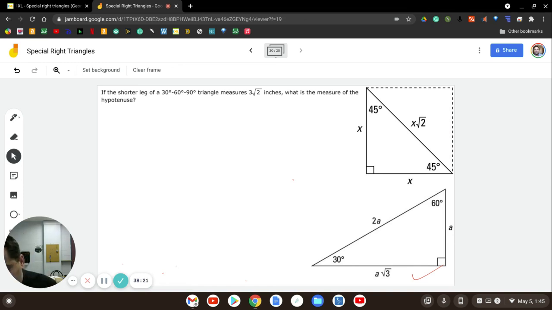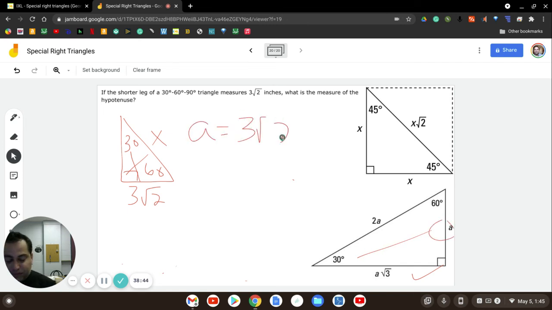So we got a 30, 60, 90. And the shorter leg is going to be opposite 30, and that's going to be 3 square root of 2. What is the measure of the hypotenuse? Hypotenuse is opposite 90 degrees. So opposite 30 is going to give us a. So a is equal to 3 square root of 2.